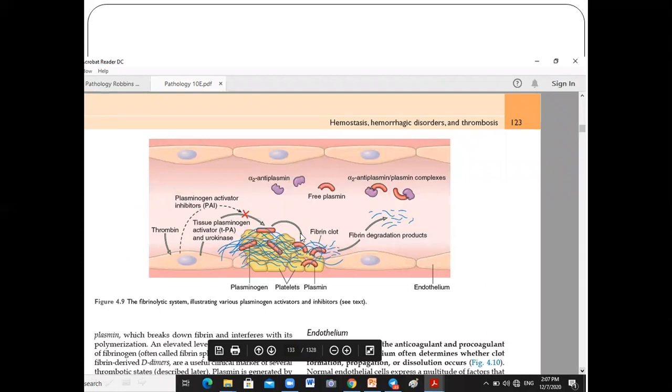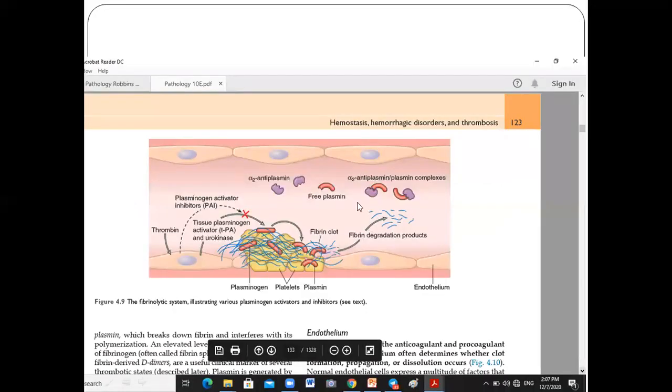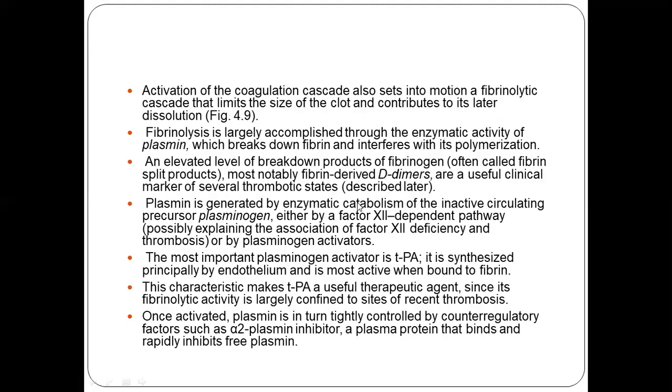This characteristic makes TPA a useful therapeutic agent. Once activated, plasmin is in turn tightly controlled by counter-regulatory factors such as alpha-2 plasmin inhibitor, a plasma protein that binds and inhibits free plasmin. So free plasmin will be inhibited by alpha-2 antiplasmin.